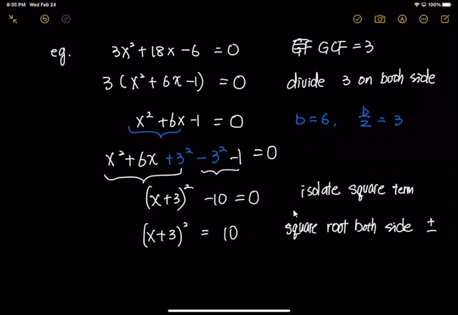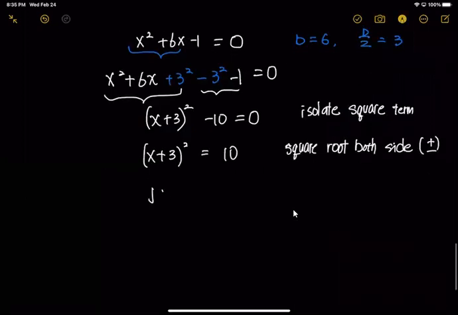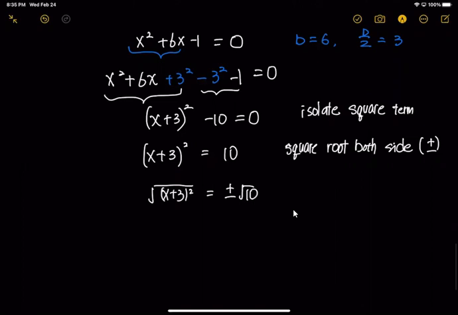You should have a positive and negative for the answer. So the square root of x plus 3 squared equals positive and negative square root of 11. And then we have x plus 3 equals positive and negative square root of 11. So x is equal to -3 positive and negative square root of 11.